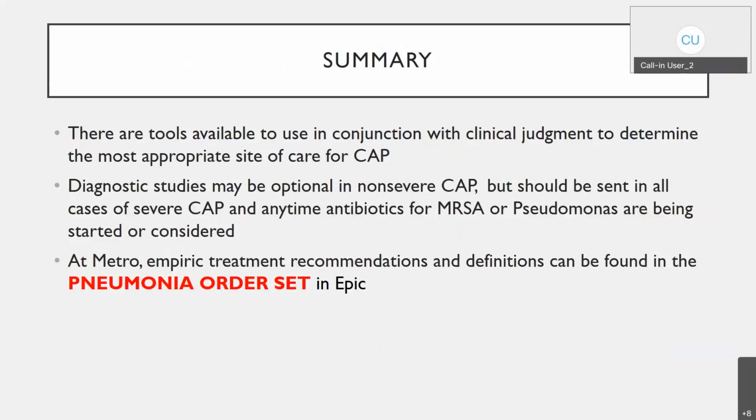We talked about the PSI being one of them. For non-severe CAP, diagnostic studies may not be needed, but if you're considering adding Pseudomonas or MRSA coverage, then you should collect the cultures and then escalate or de-escalate as appropriate. And as I mentioned, the empiric treatment recommendations and definitions are in the pneumonia order set in EPIC.